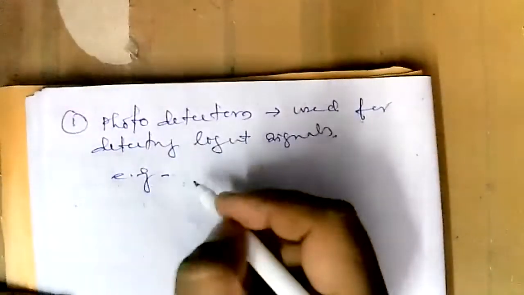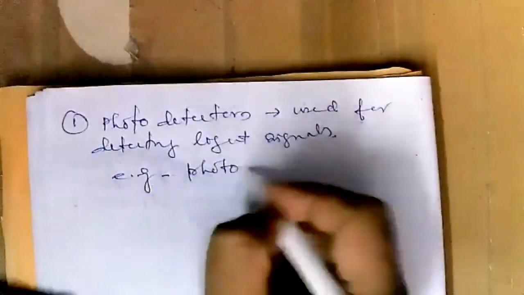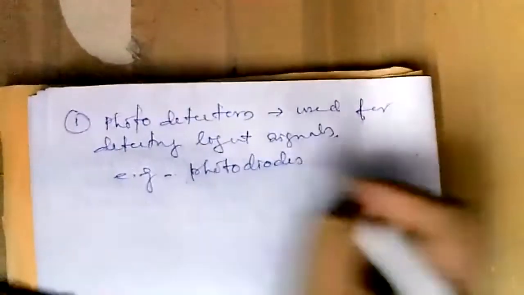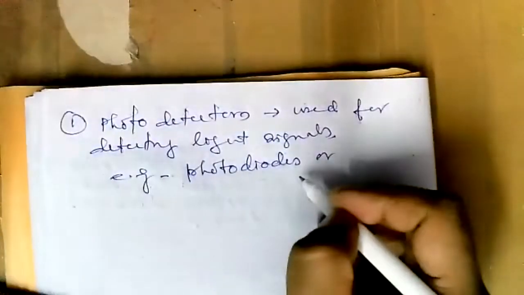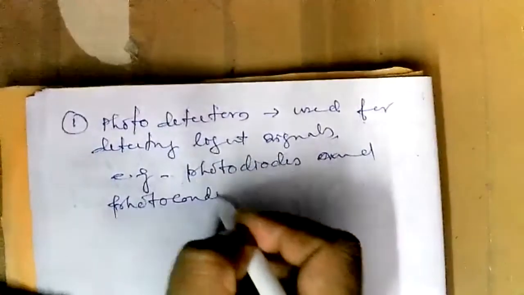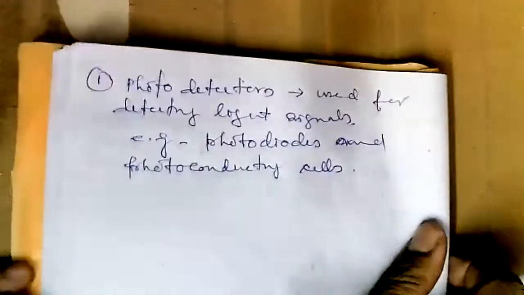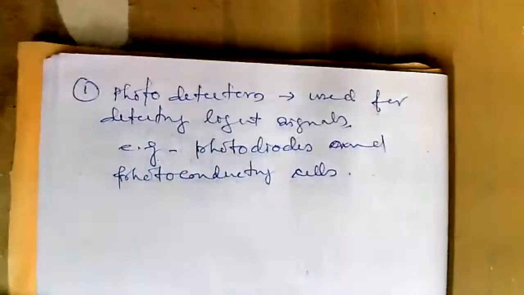Examples: photodiodes, photoconducting cells. The light meters use this type of device.